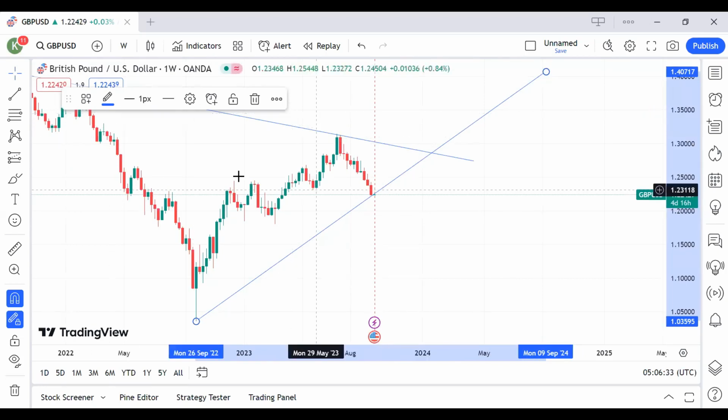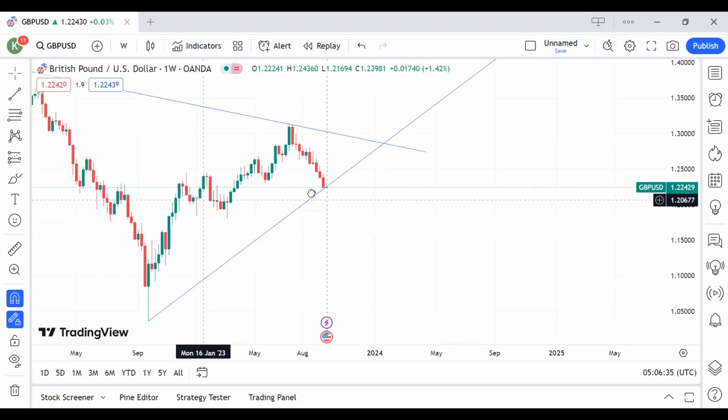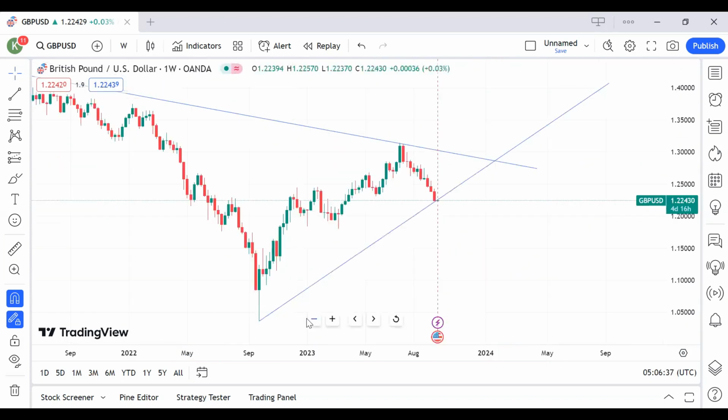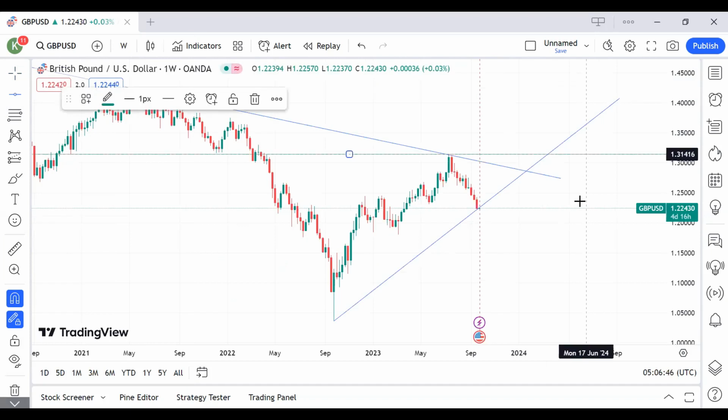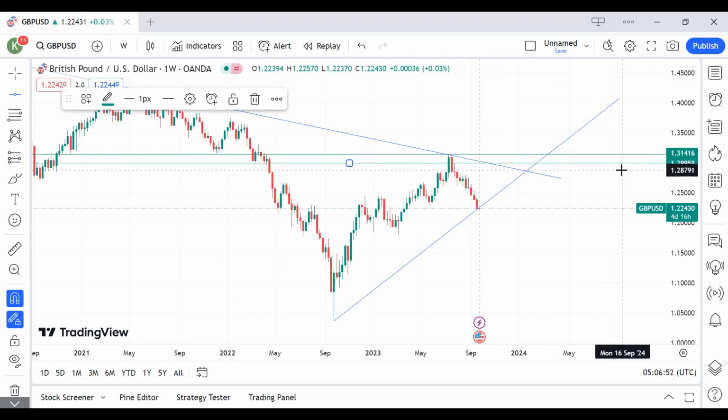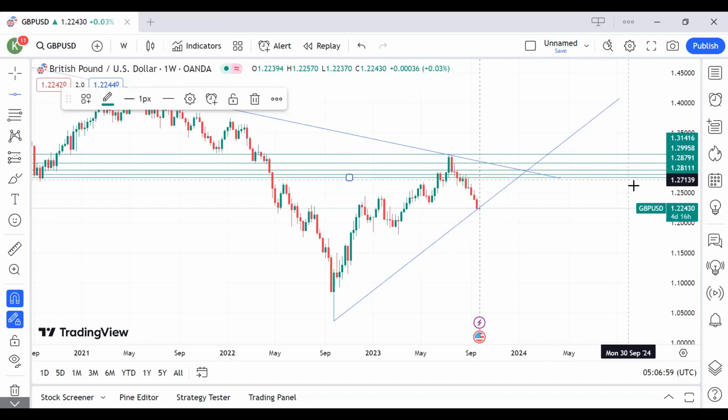So that's what we look at first of all in the 1 week time frame, and the next thing we look at is price action. We're able to map the various price action areas. We can start from the top part and then come down to the lower parts. Why are we taking cognizance of all these price action levels?